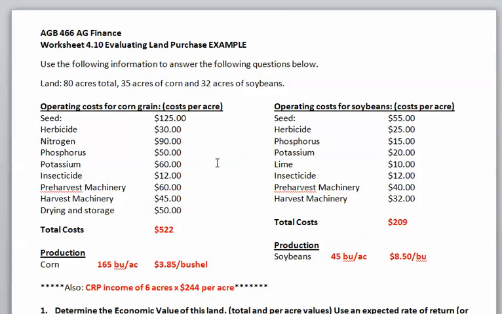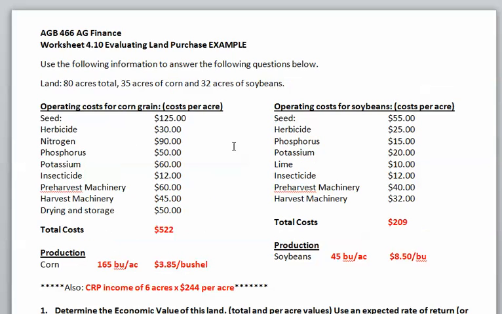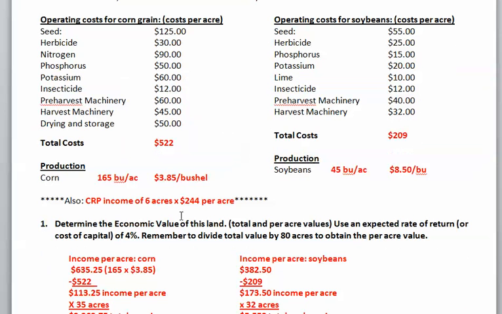And obviously we have to also figure in, if we wanted to really get computing more costs, we would increase the value of the land too, and that's where this rate of return of 4% comes in. We're figuring a rate of return of 4%.